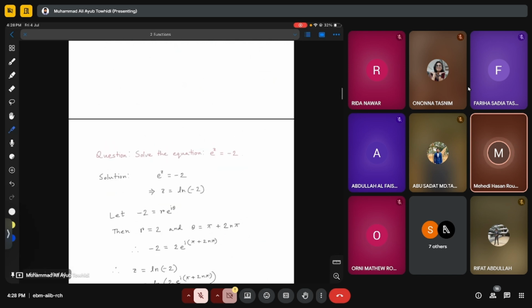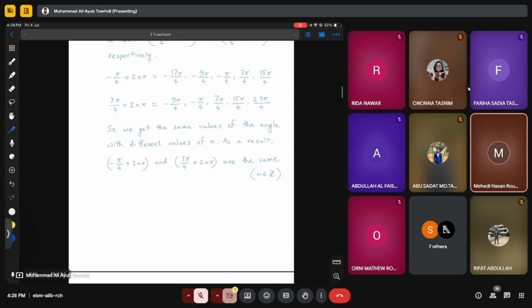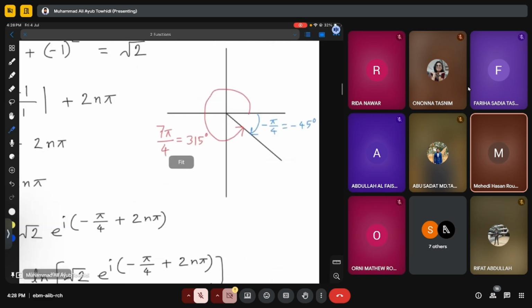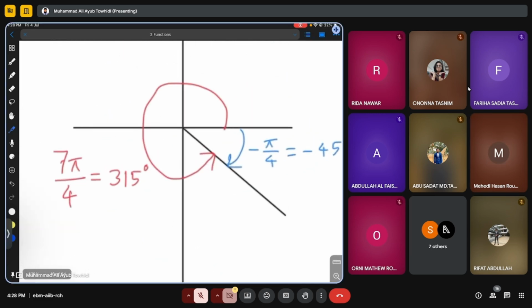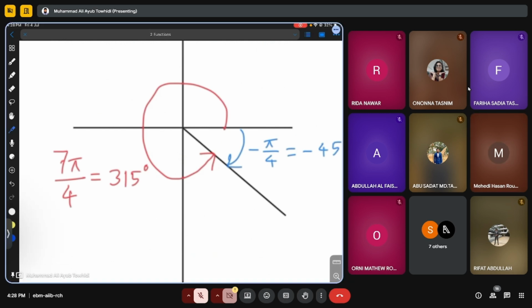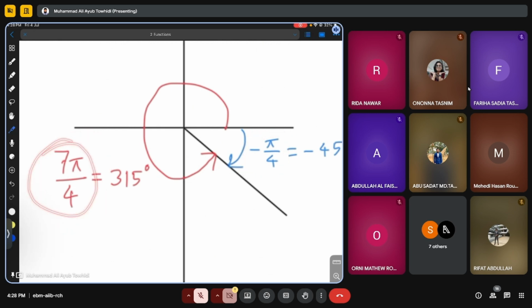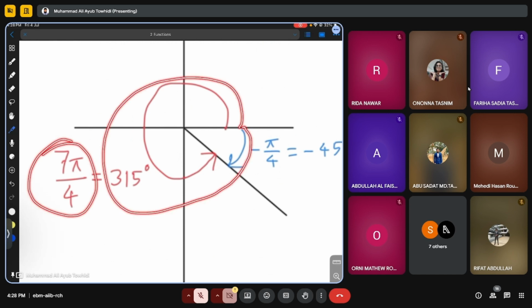Sir, we have to take the closest angle from the real axis, right? From the positive real axis, the closest angle, for the principal argument. But if I don't mention principal argument, then you are free to take anything. You can take the closest angle, or the other value from the other side, or take one complete rotation and then again from the other side.